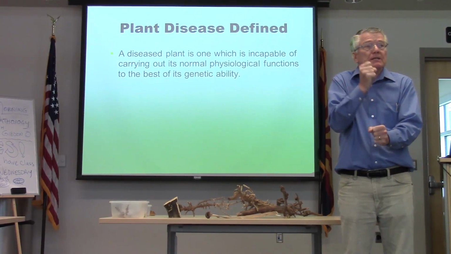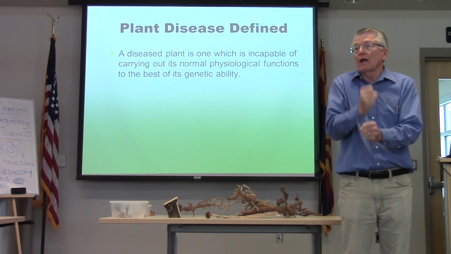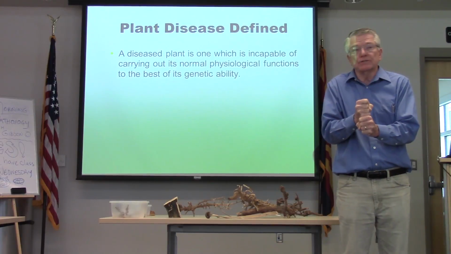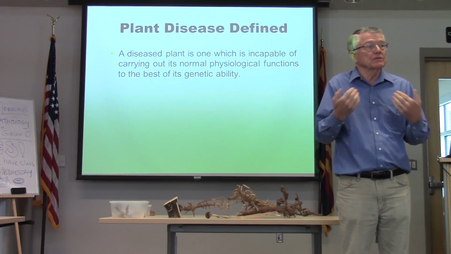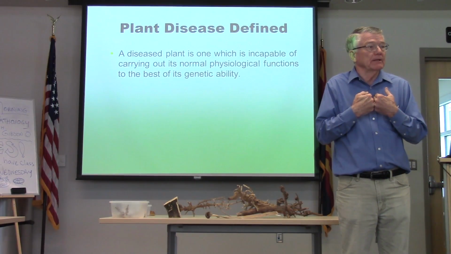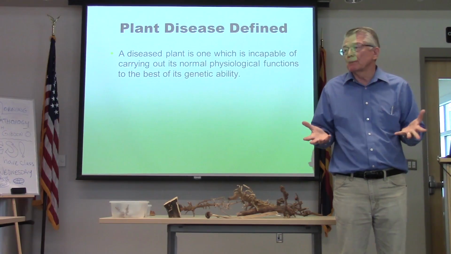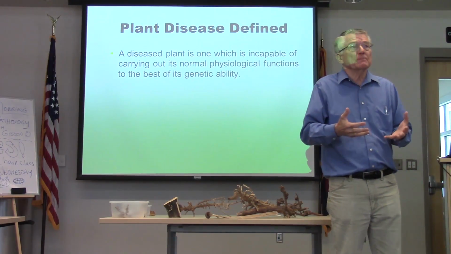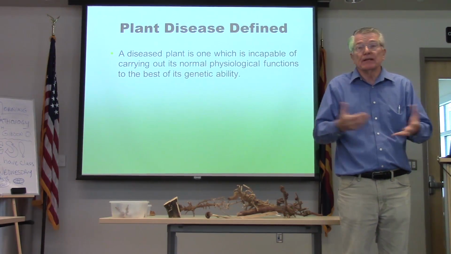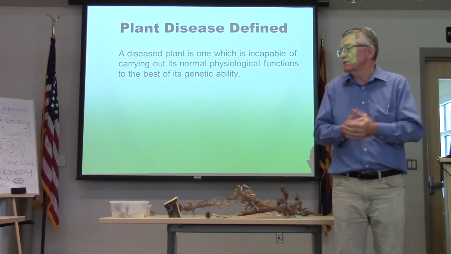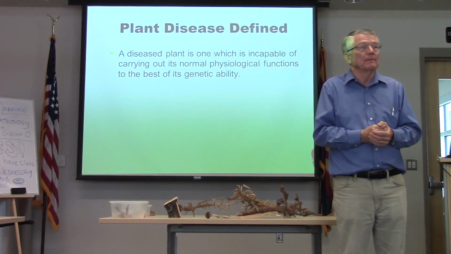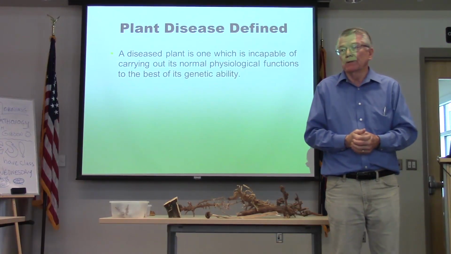So the capacity to achieve our full life functions is a part of our genetic ability. Same thing with a plant. So we would expect a plant to be perfectly healthy if it's living up to its genetic capacity, if it's doing its thing.